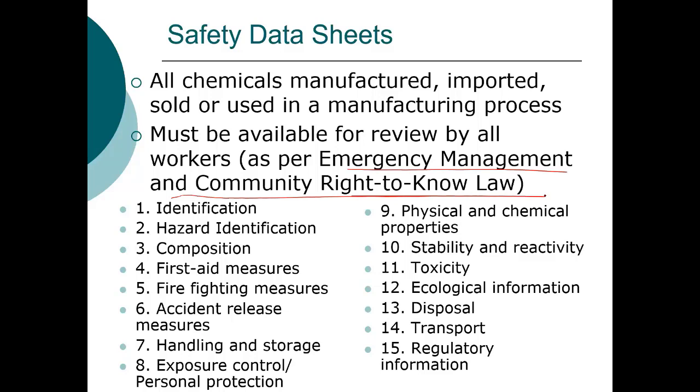It pertains to the custodian, who has the right to know what chemicals they're in contact with when they're cleaning. If you are working in a lab, you have the right to know what chemicals you're in contact with. These safety data sheets are extensive. The numbering is actually the numbering for the safety data sheets.